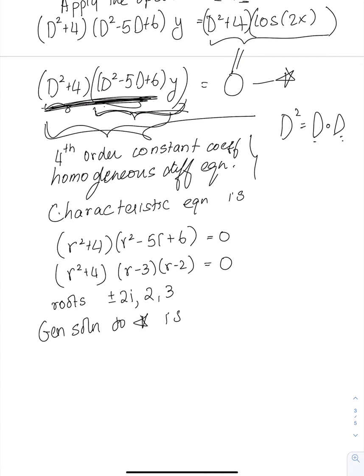It's going to be, let's write it down. I'm going to start with these two. C1 e to the 2t plus C2 e to the 3t plus C4 cosine 2x plus C5 sine 2x. Okay, all right. So what do we have?